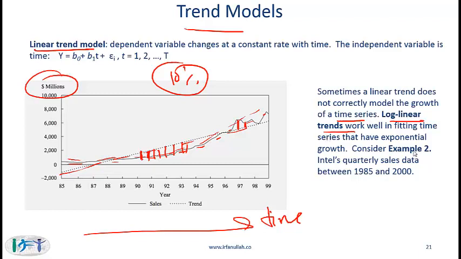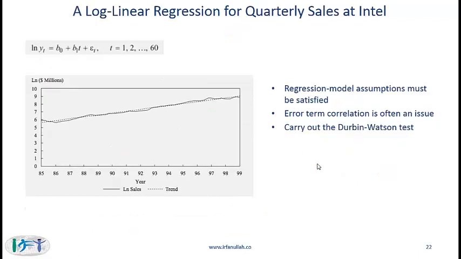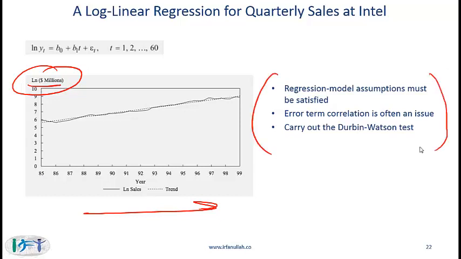And we've seen this in example 2 in the curriculum. All right, so with the log linear trend, the x-axis is still time, but the y-axis is now the natural log of sales. And then notice that we have a much better model. You need to remember these facts.